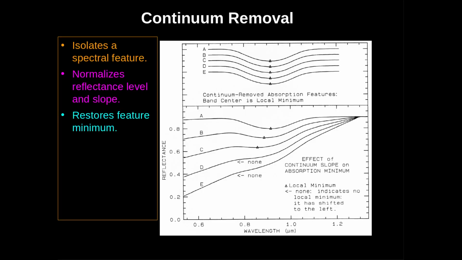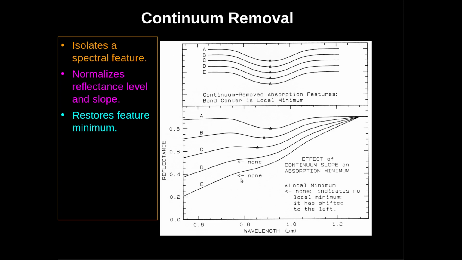Continuum removal is very important because as different processes work to change the slope and shape of the spectrum, it shifts absorption bands. But removing the continuum restores the feature minimum and the feature shape.